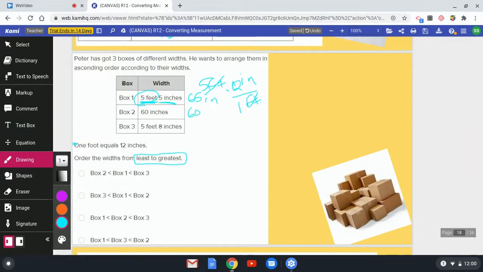This one says 60 inches. Let's see on this one. I already know 5 feet. This is 60 plus 8, 68 inches. So if we were to arrange them from least, smallest, to biggest, we would have box 2, box 1, box 3. So we would select this answer right here.